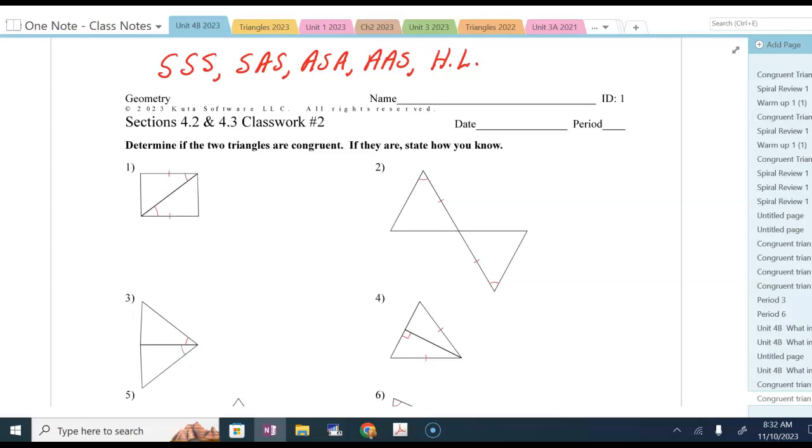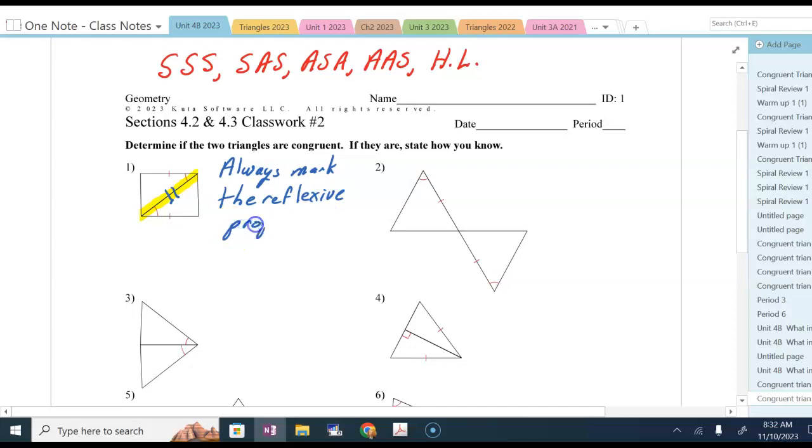We talked about in class that when you have a common side that I'm highlighting in yellow, you always can mark it congruent, and that was called the reflexive property. So you always mark the reflexive property. Then if you look at the triangle that I'm going to highlight in blue here, we have a side, an angle, and a side.